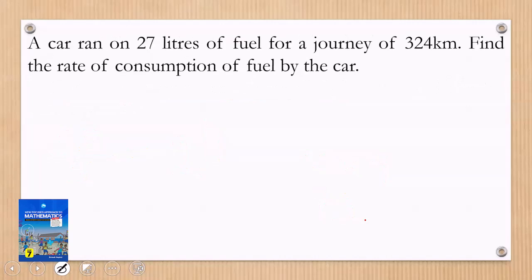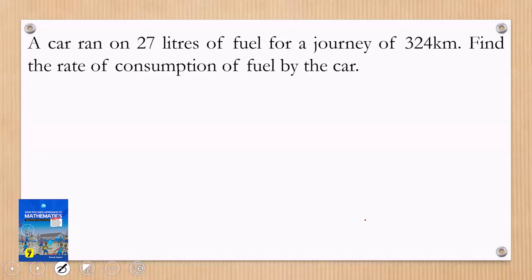Let's take another example. A car ran on 27 liters of fuel for a journey of 324 kilometers. So when he covered 324 kilometers, he consumed 27 liters of fuel. Find the rate of consumption of fuel by the car. What is the rate?